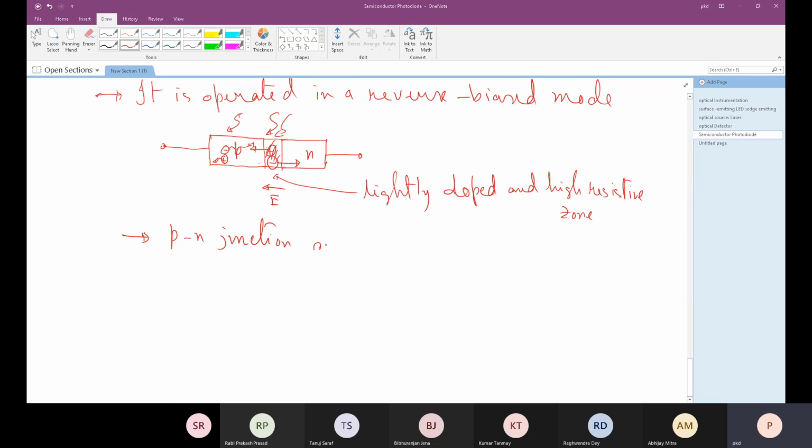The PN junction supports most of the E field across the depletion layer.